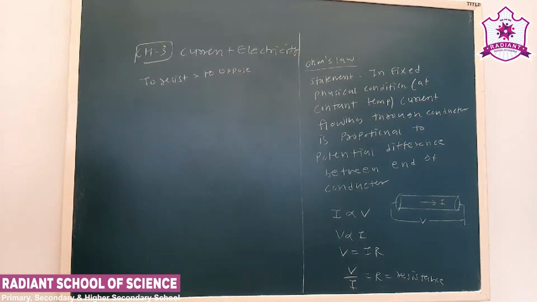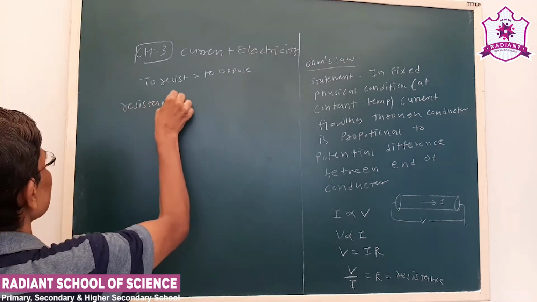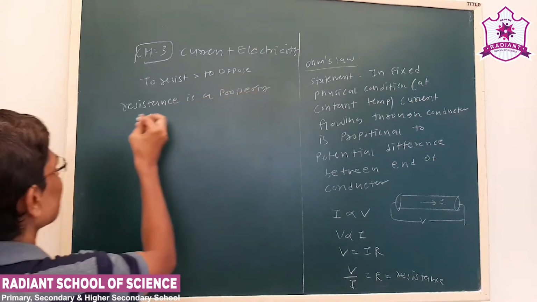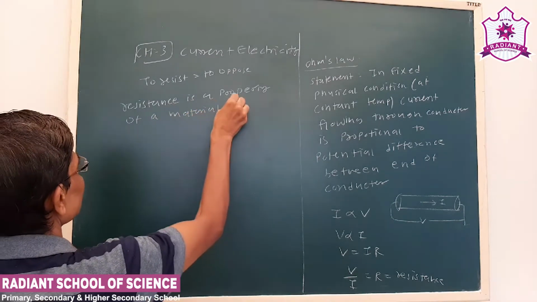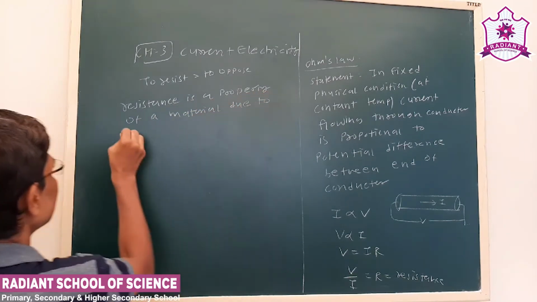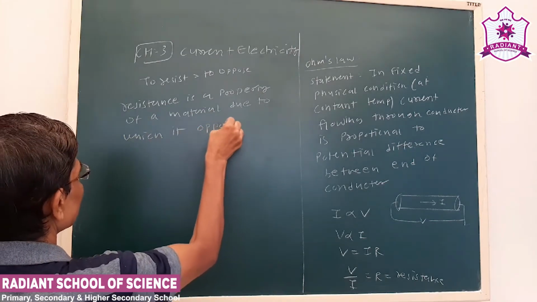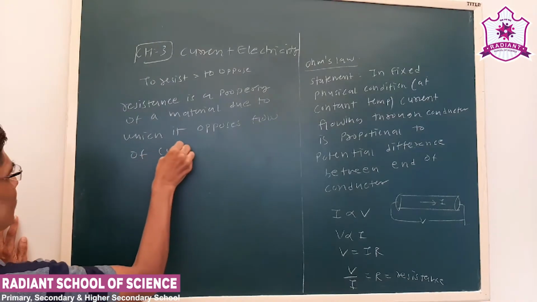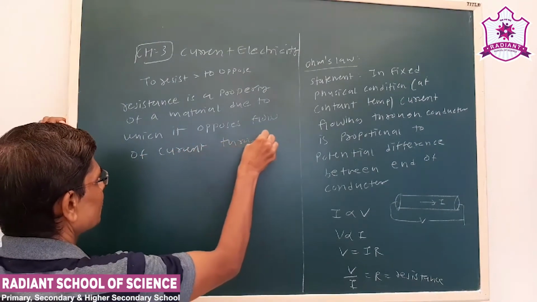Okay, so we can say the resistance is a property of the material due to which it opposes flow of current through it.